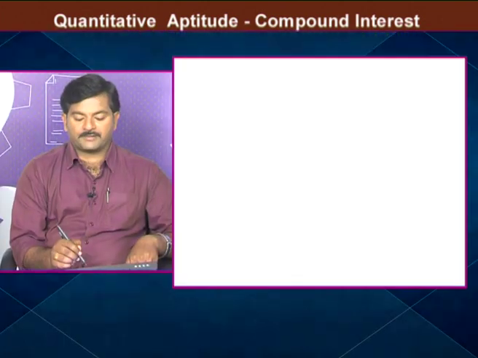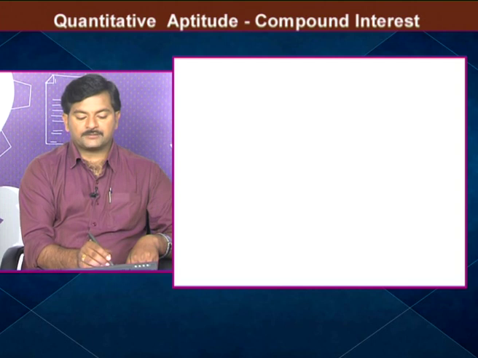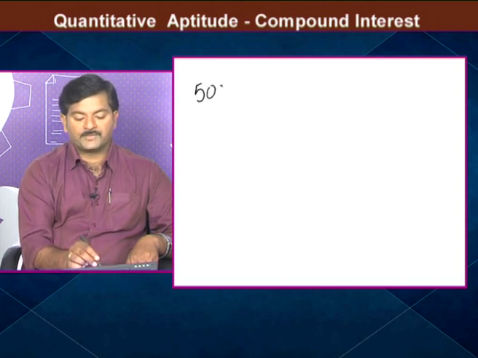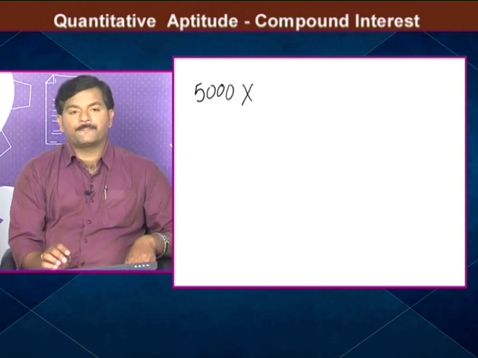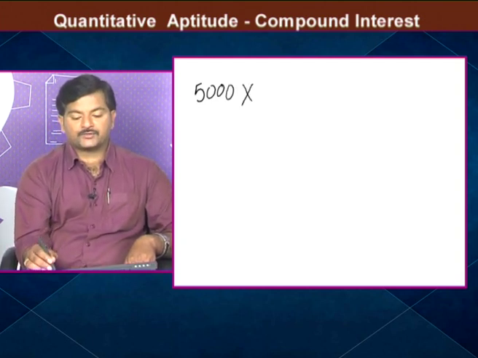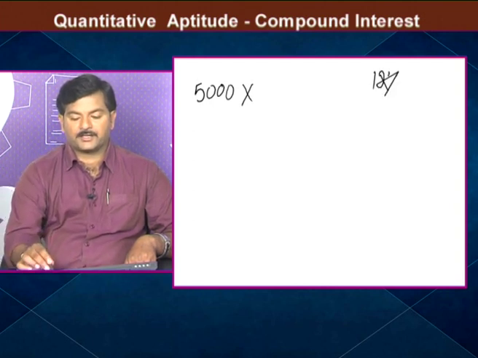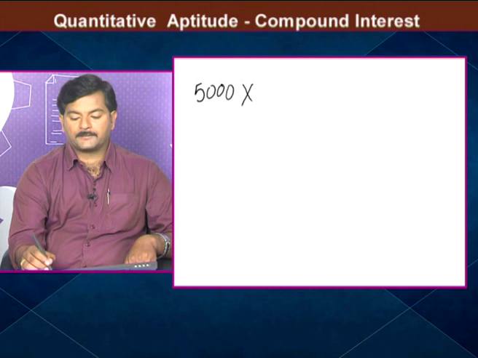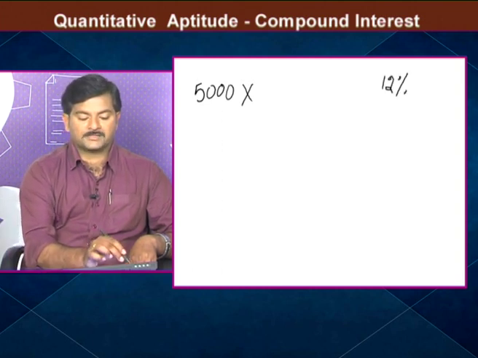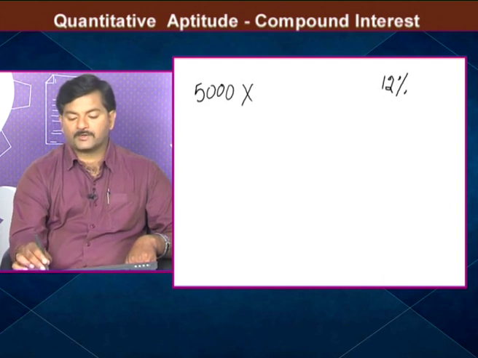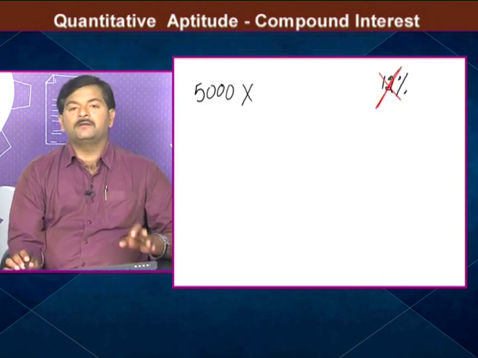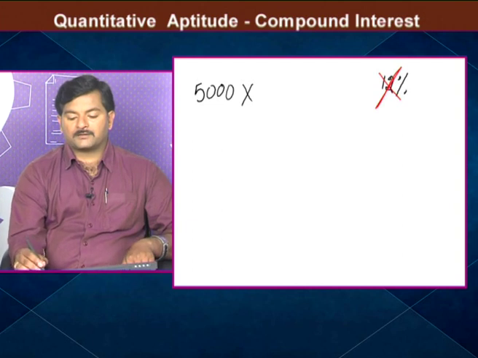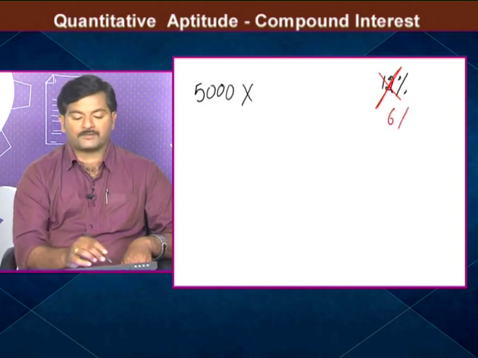Principal amount value given is 5,000 rupees, into rate of interest. Here you should not take 12%, because I told you 12% is only for yearly, but he asked you to find for half yearly.